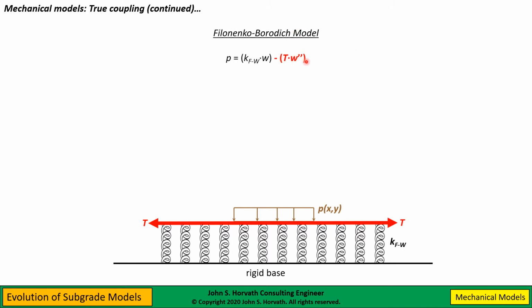This was the additional term that the tension membrane introduced, and you see it added another term to the settlement side of the infinite series. So this type of equation, pressure is equal to settlement plus the second derivative of settlement. This is the simplest multi-parameter or advanced model that inherently has spring coupling. And in this case, it's really the tension membrane that is providing the coupling between the springs.